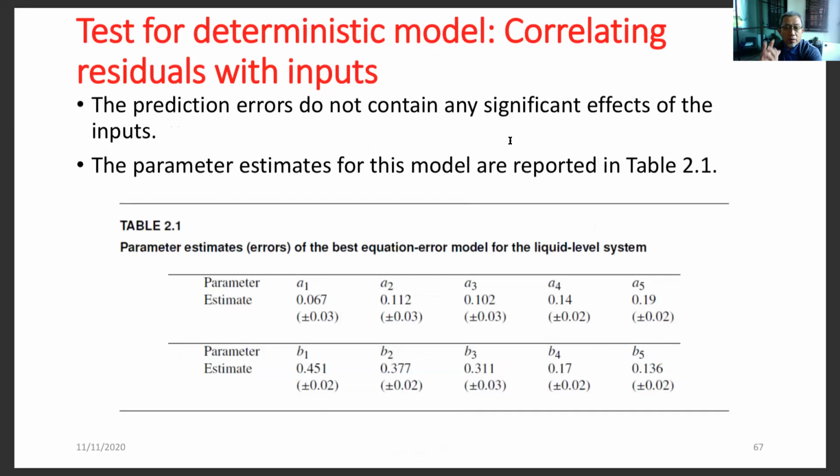From the prediction error, we estimate the parameters of the model, which is reported in this table: parameter estimates and errors of the best equation error model for the liquid levels. You can see we have the parameter estimates A1, A2, A3, A4, A5, and B1, B2, B3, B4, and B5.